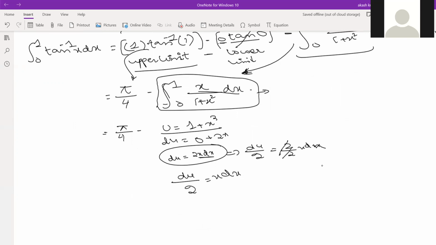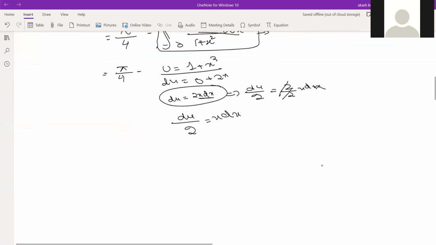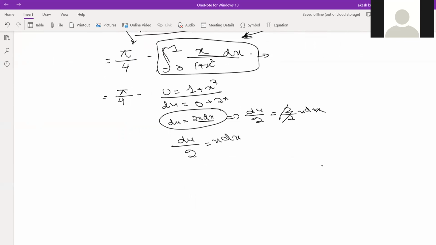Now can I substitute our u and du into this integral? So it becomes 0 to 1, x dx is du over 2, and 1 plus x squared, which I assume is equal to u.